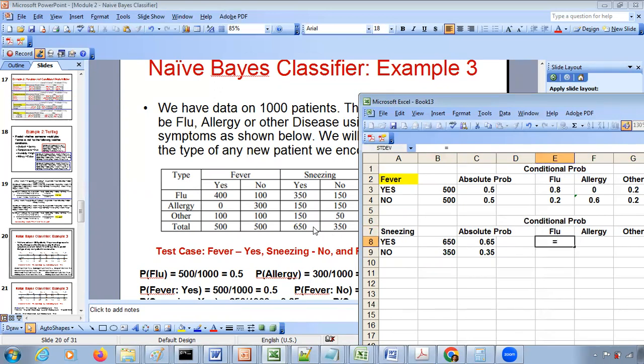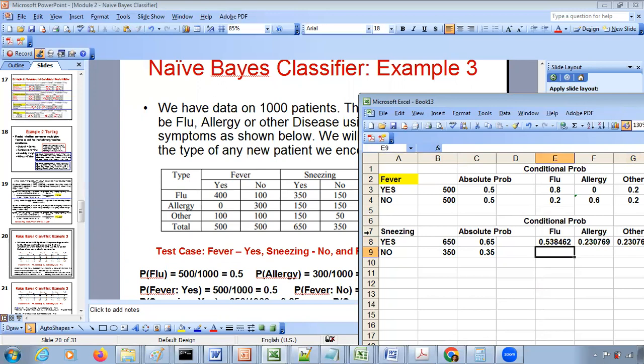So out of the 650 who reported yes for sneezing, 350 had flu. So 350 over 650 is a conditional probability. Then 150 reported allergy out of the 650, and another 150 reported other diseases out of the 650.